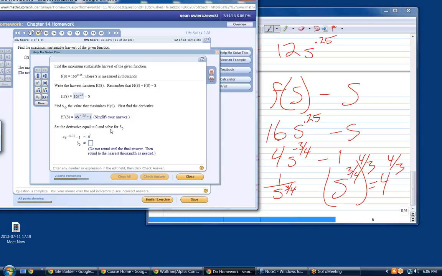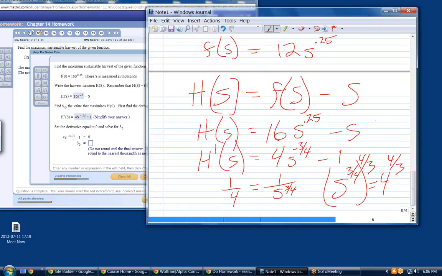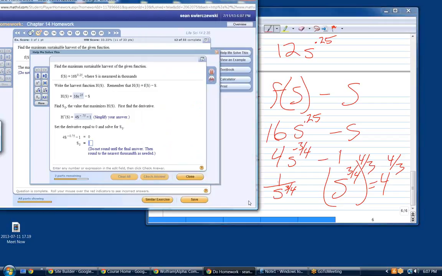We set the derivative equal to 0, solve for s. What was my first answer? 6.350.